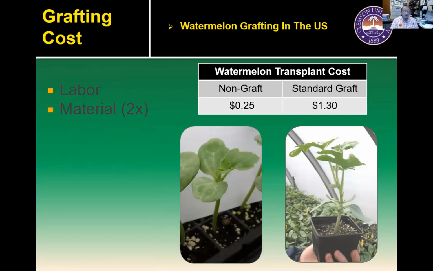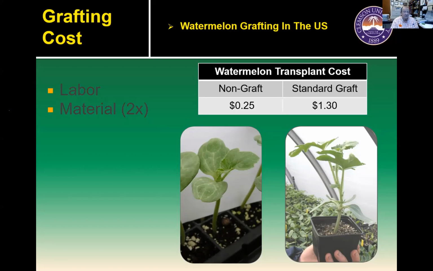If you were to purchase grafted plants, especially watermelon grafted plants here in the US, they would cost you basically about $1.30 a piece. That's about a 5 times increase over conventional transplants in the US. And so that is a big concern for many growers.